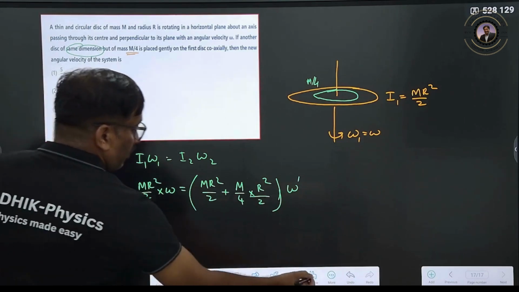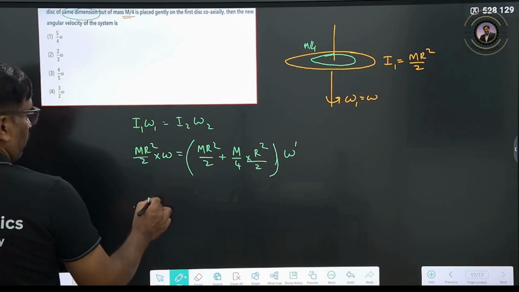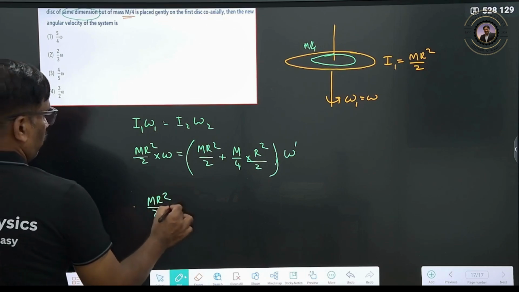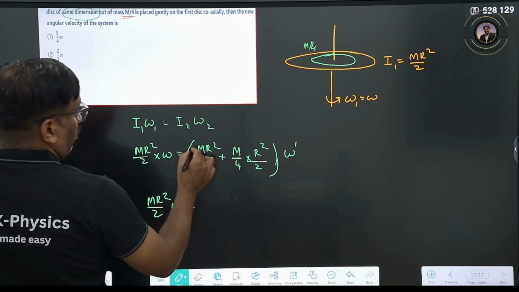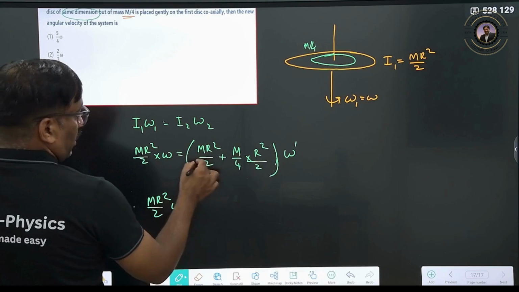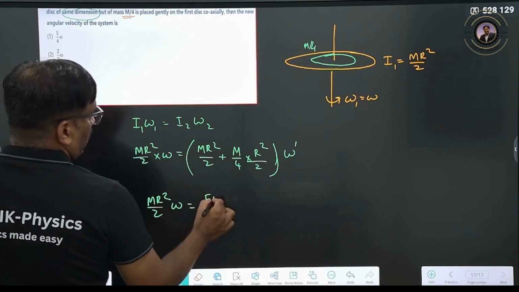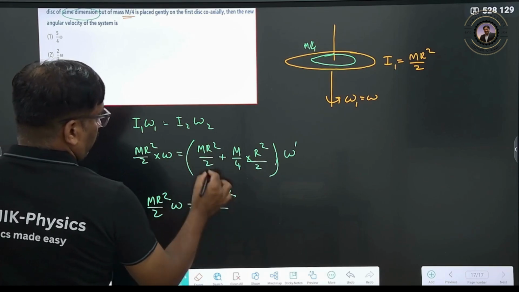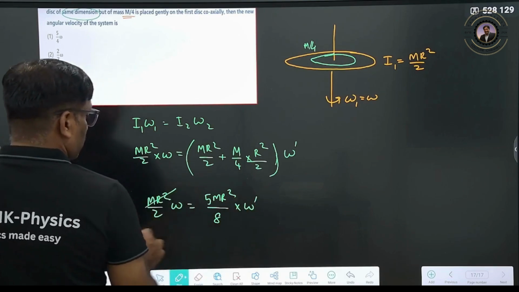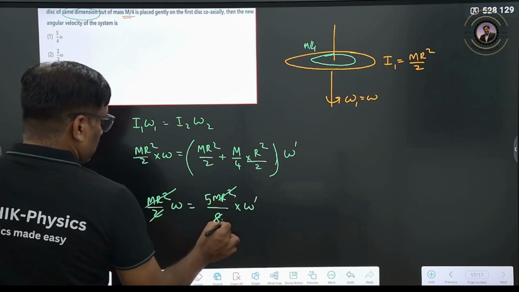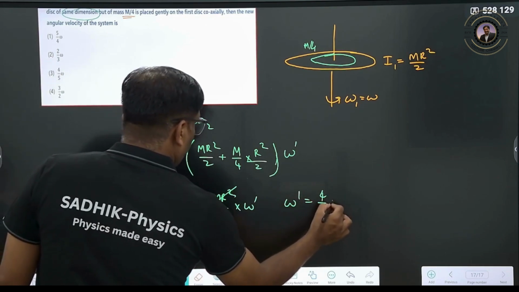So how much will it be? Now mr square by 2 into omega, so you can rewrite it as 4 plus 1, therefore 5 mr square by 8 into omega dash. Therefore mr square gets cancelled out, so omega dash will be equal to 4 by 5 omega.